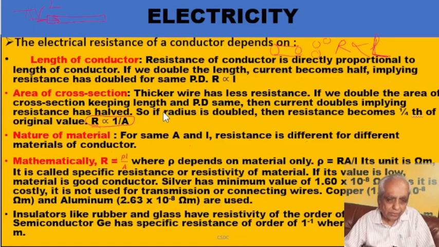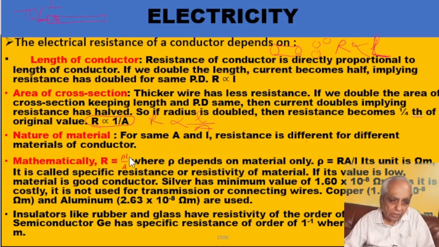If I combine the two, I will get R is proportional to L upon A. Now, if I remove this sign of proportionality, I put a constant called specific resistance, rho.